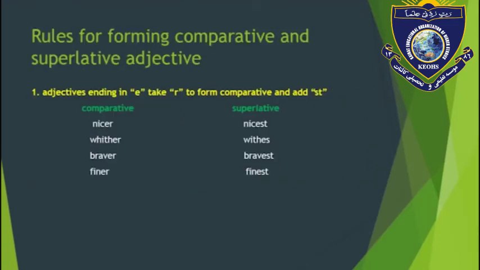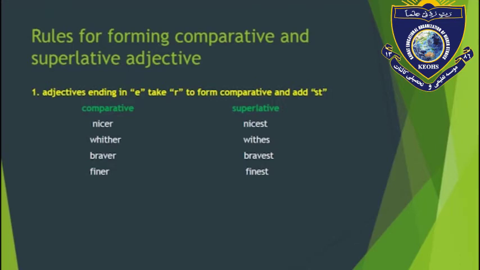Rules for forming comparative and superlative adjectives. Dear students, there are some important tips for forming them. Adjectives ending in E take R to form the comparative and ST to form the superlative.